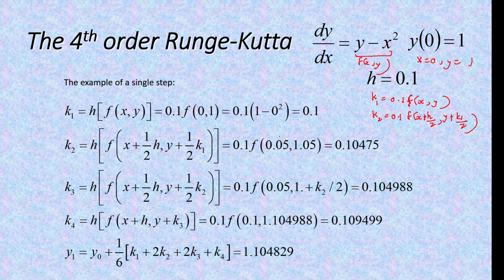So x is 0 plus 0.05, which gives 0.05, and y is 1 plus 0.1 divided by 2, which is 0.05, so 1.05. Then you put that into this function and you get this value. This is writing manually, or what you can do is show you using the calculator.